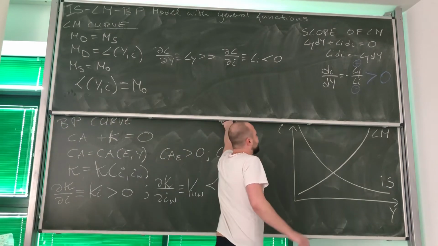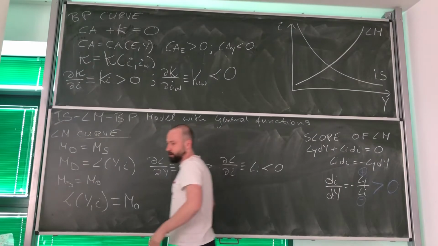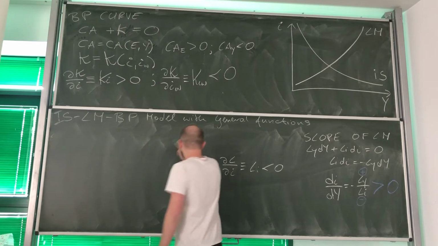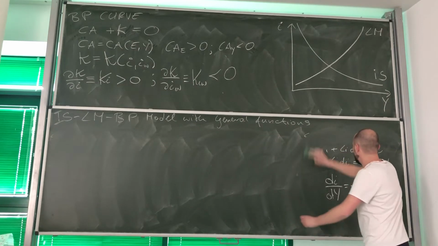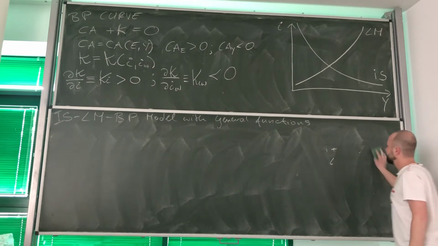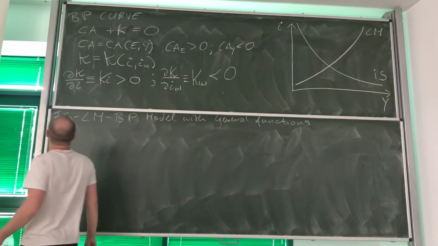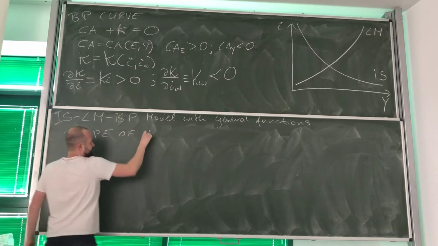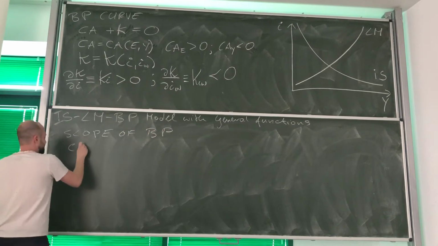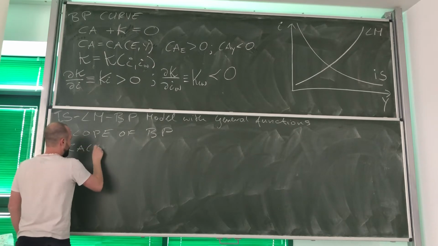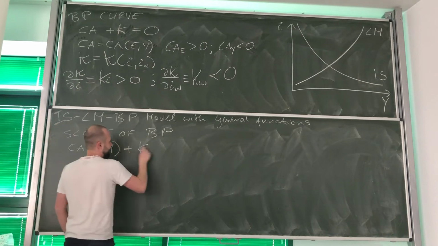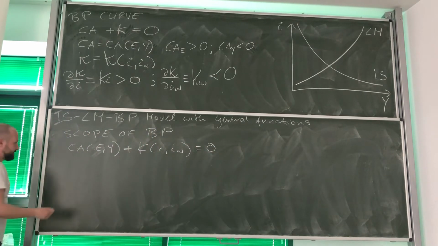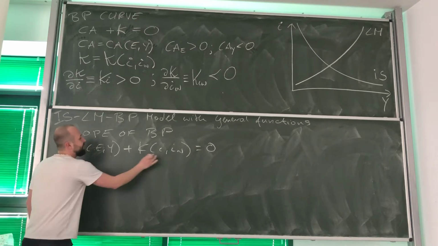So now let's calculate the slope of BP. Well, we differentiate it with respect to income and interest rate.